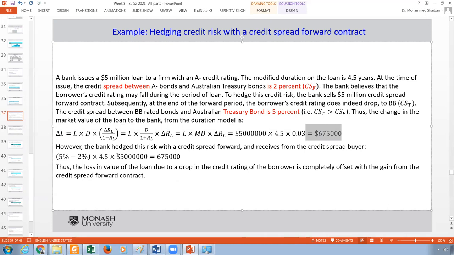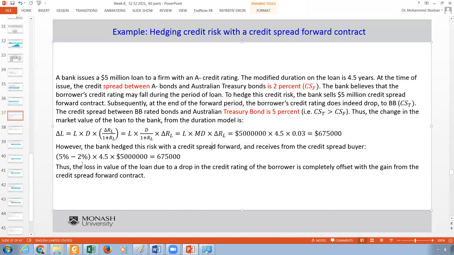However, the bank hedged this risk with the credit spread forward and receives from the counterparty the 5% minus the 2%, because the rise is 3%. It was 2% when it was A, and now it is 5%.